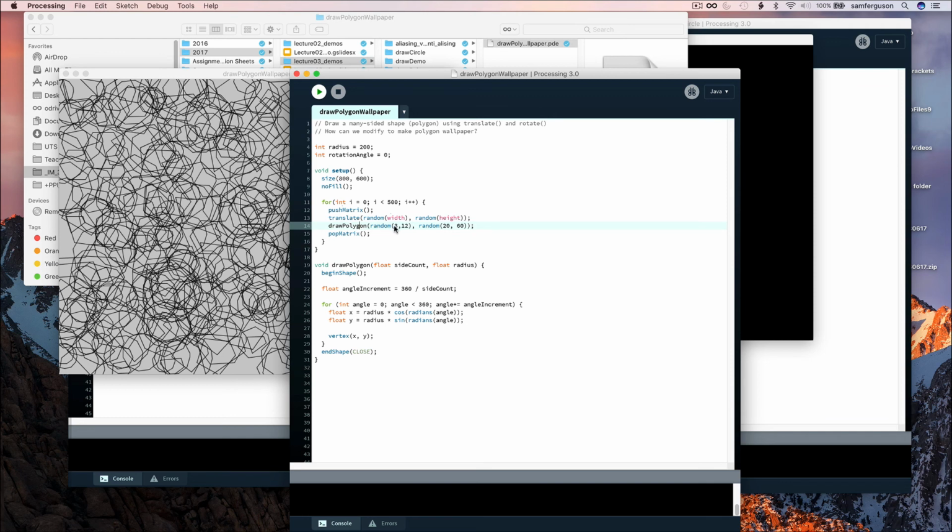Then draw a polygon between 3 and 12 sides that has a radius between 20 and 60, and then go back to where you were first. Forget this new translation. So that makes sure that every time you translate, you don't have to untranslate manually. You can just call pop matrix and go back to what you were using before. But remember, if you call pop matrix, you have to have pushed it. You have to have saved it to go back to it.